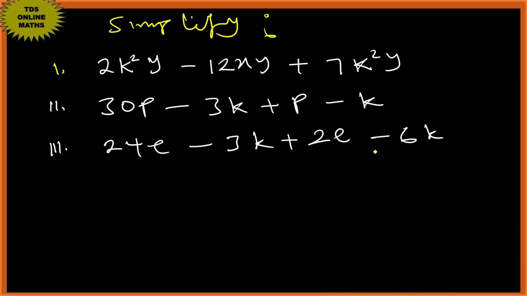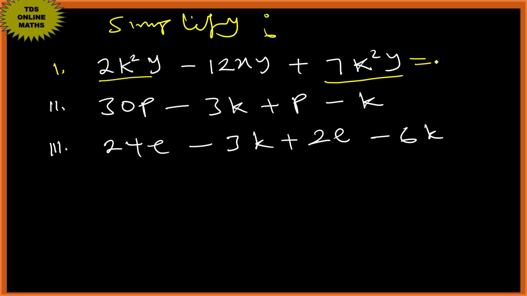Okay. So this is not different from the first one. They are the same. So we are given 2k squared y, then minus 12xy, then 7k squared y. So 2k squared y and 7k squared y are like.